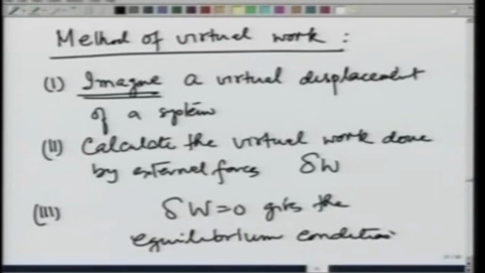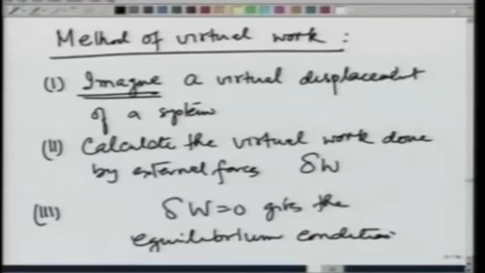As in any other new concept, to master it, you have to keep doing many problems, and in the rest of the lecture I am going to do 3 or 4 more examples to make you more familiar with the method of virtual work.